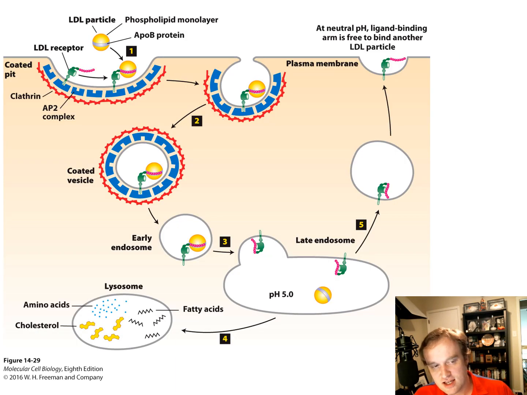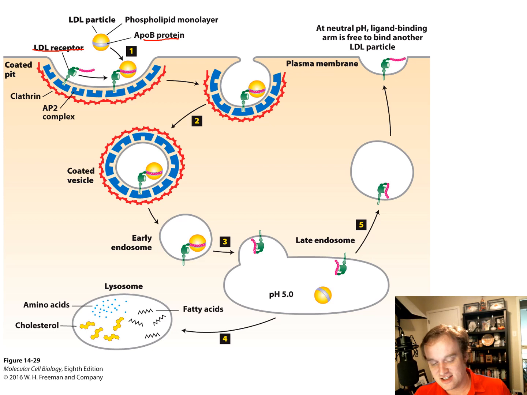So we said that LDL is brought into the cell through endocytosis, so let's look at this mechanism. We start with the cell surface LDL receptor, which is looking for those LDL particles. There is an extracellular domain on it that binds this ApoB protein, or surface protein, tightly at this normal pH.